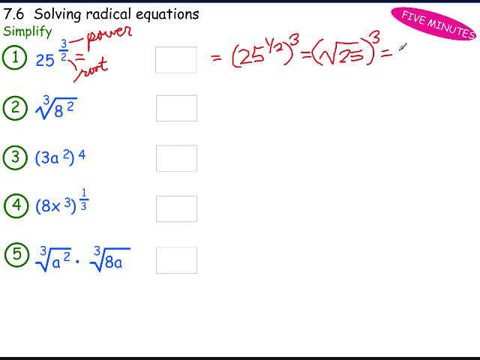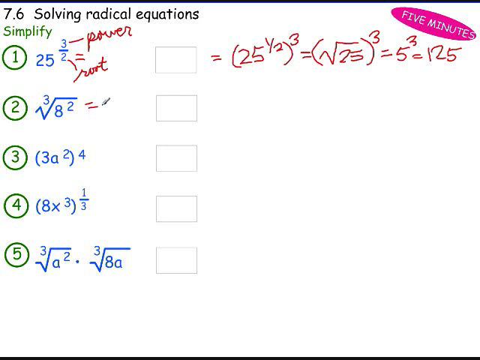This is 5 raised to the 3rd power, which at this point many of you are going to remember is 125. And if you don't remember it, what can you do? Say 5 times 5, that's 5 squared, times another 5 would give you 5 to the 3rd power. So you can figure it out.